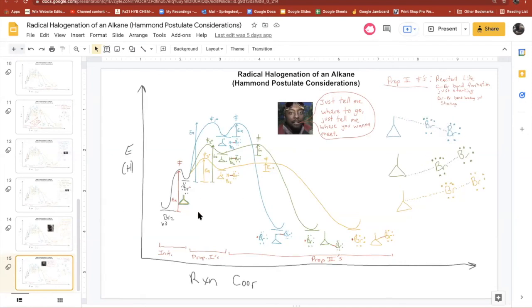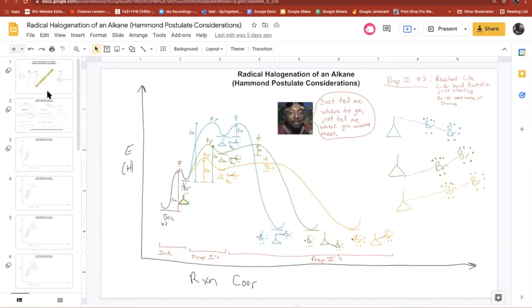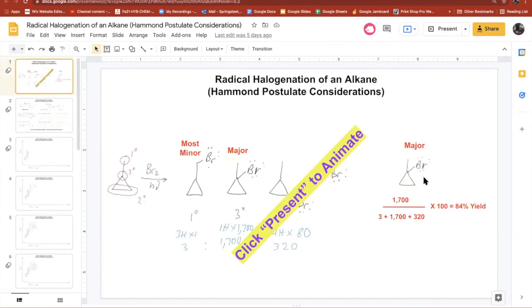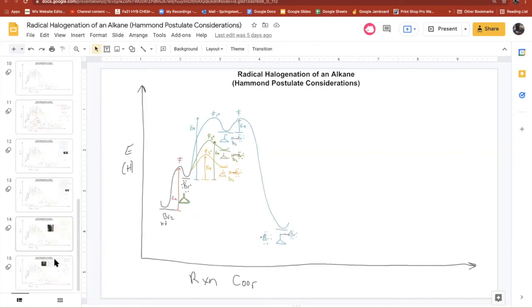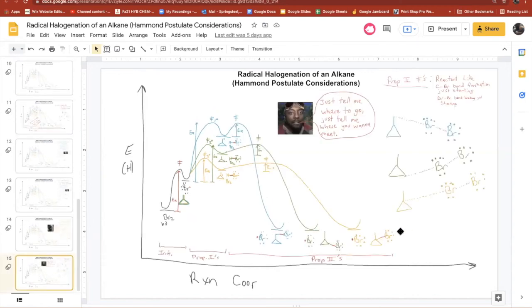In other words, should we draw it on the coordinate diagram? You mean all these HBrs? Right, in the final step of the diagram. Like right here, do I redraw HBr? Right, yes, sir. No, don't do that.